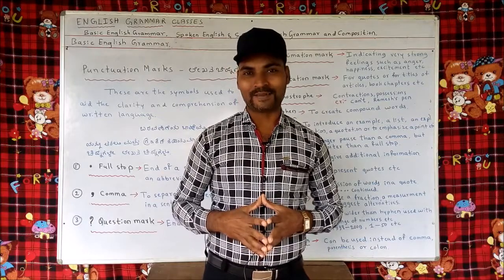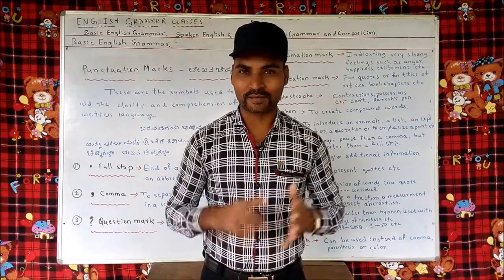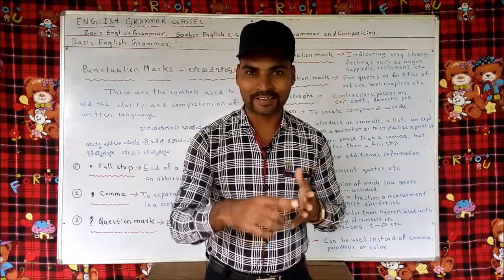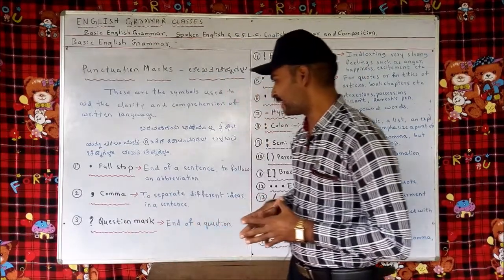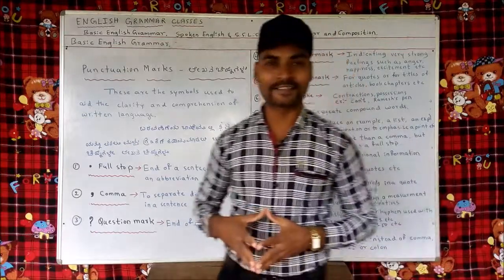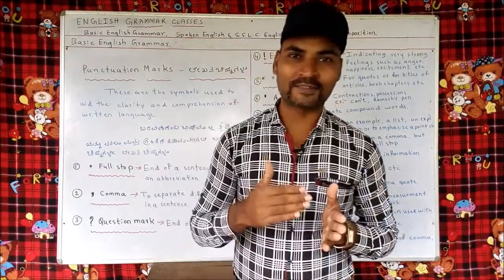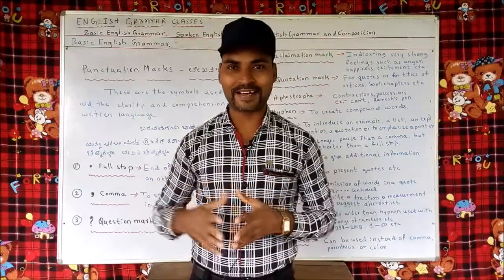And in the same way it is used in abbreviations also. For example, Mr. Ramesh, Dr. Krishna. Then we come across our second punctuation mark, that is comma. Comma is used to separate different ideas in a sentence. Here it is a small pause in a sentence and it separates the ideas.